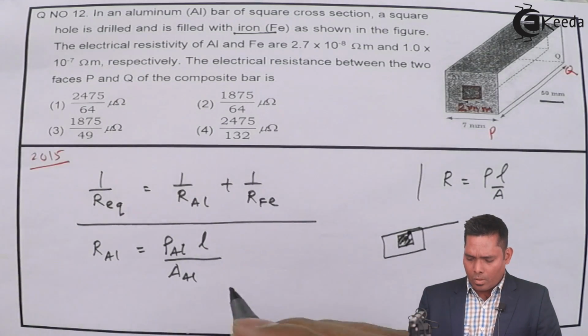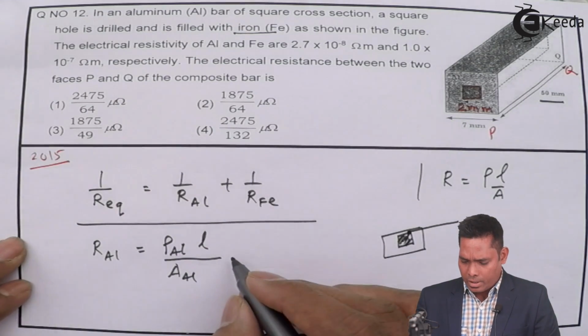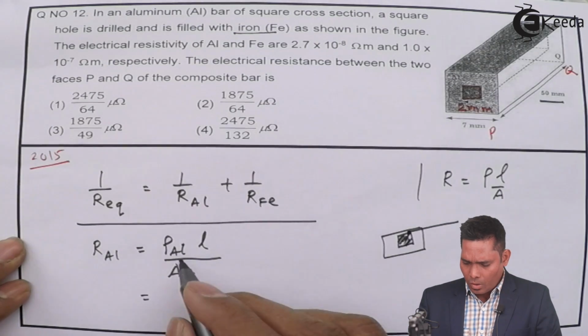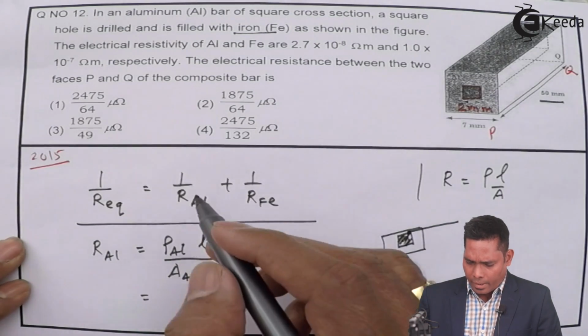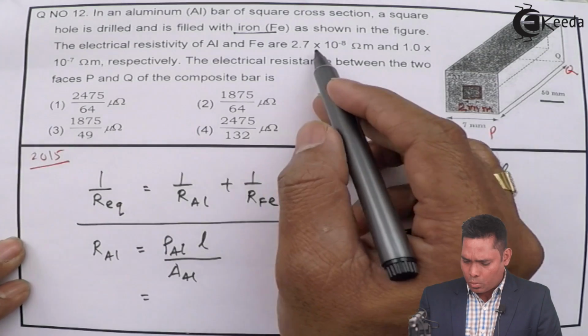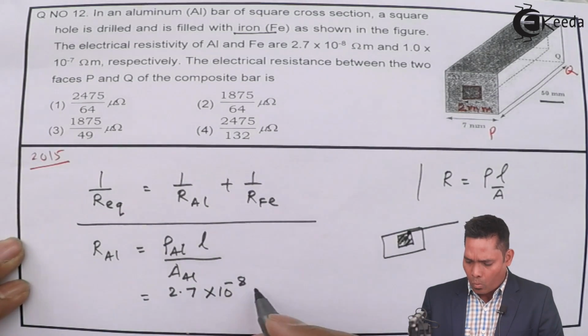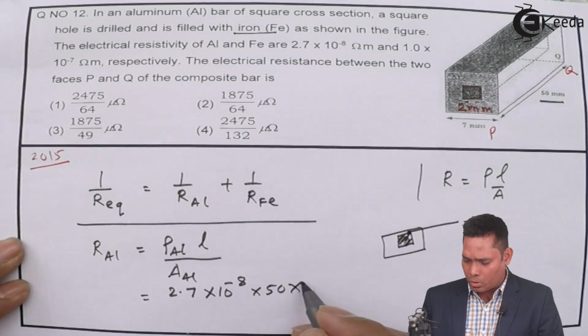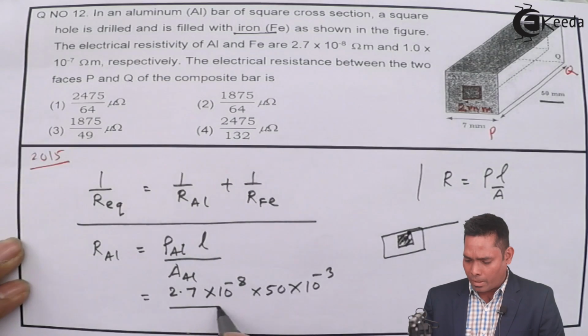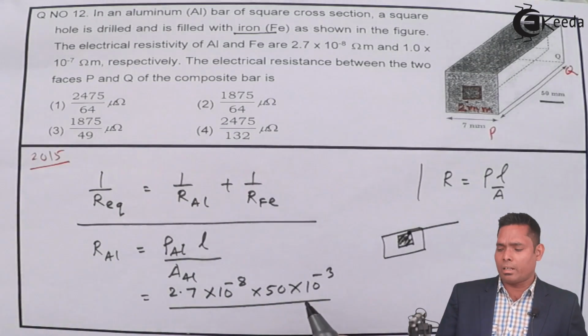So I will write this as rho L by A. Rho of aluminium is 2.7 into 10 raised to minus 8 ohm meter. This length is 50 mm and that in meter will be 50 into 10 raised to minus 3, divided by area of cross section of aluminium.